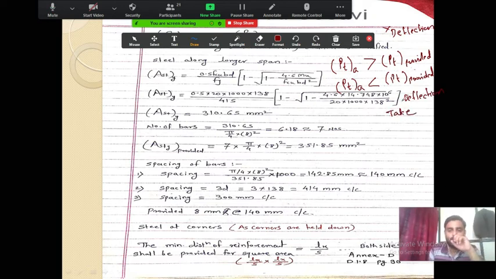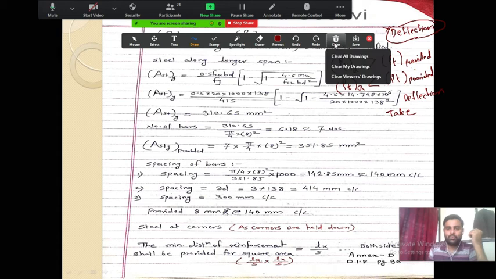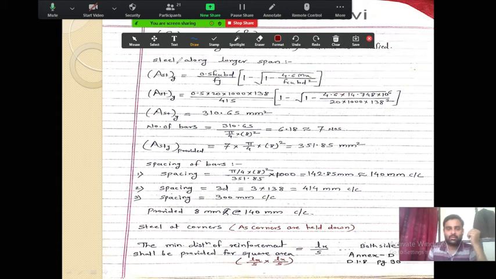If these two values are equal, there is also no need to check for deflection, and that is the case here. So the serviceability criteria, that is the check for deflection, is satisfied.